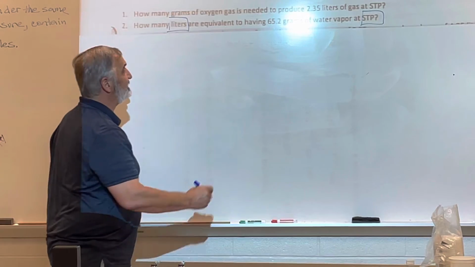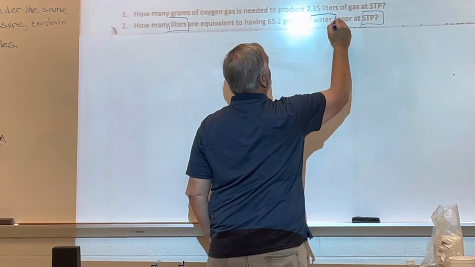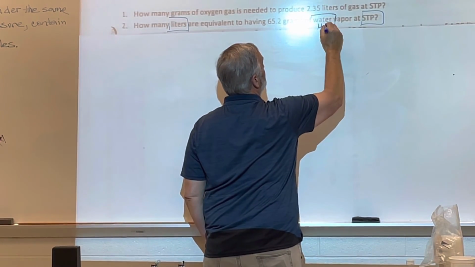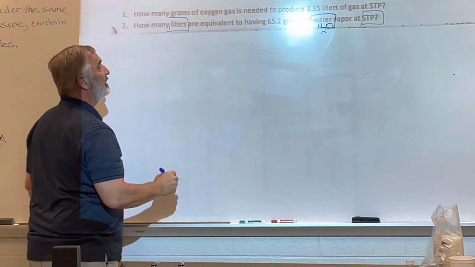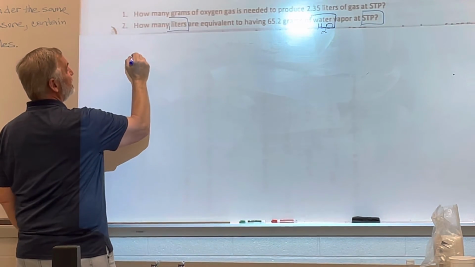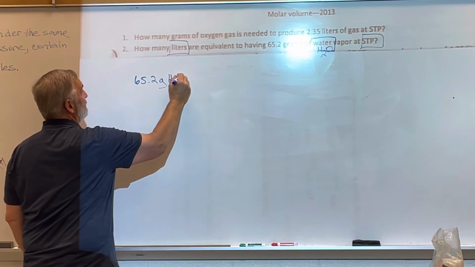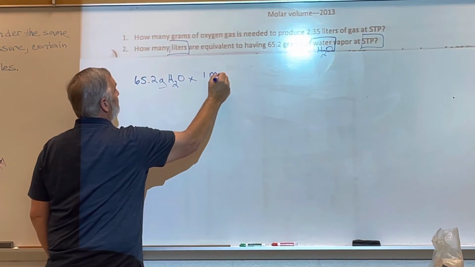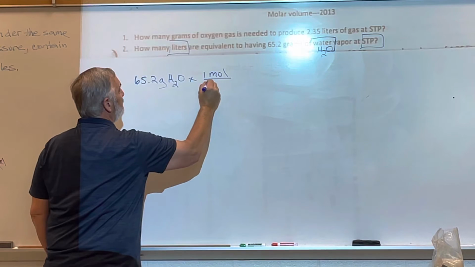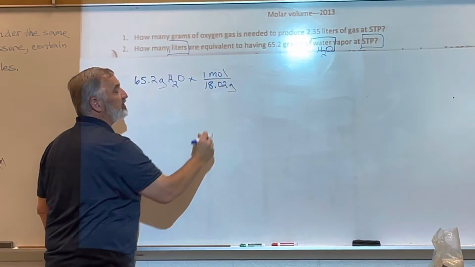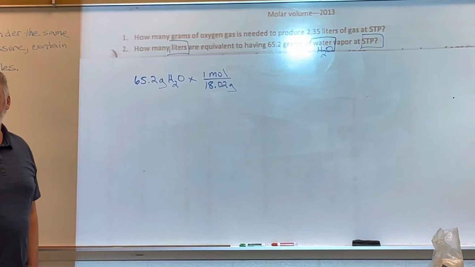You use the molar mass, and it's water. So I know that that's H2O. So I'm going to say 65.2 grams times 1 mole over 18.02 grams. Everybody should just remember the molar mass of water.